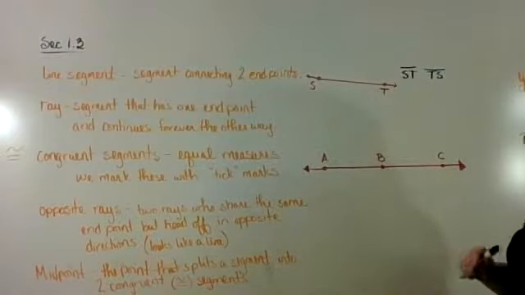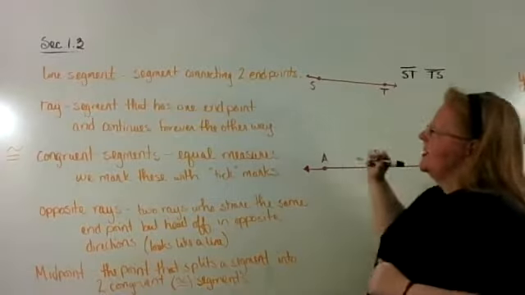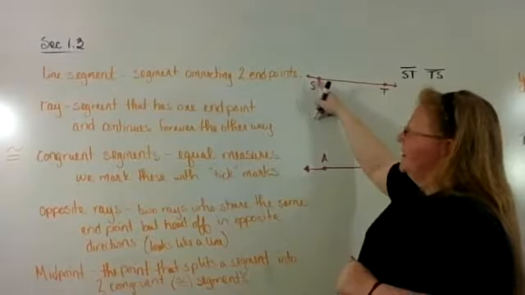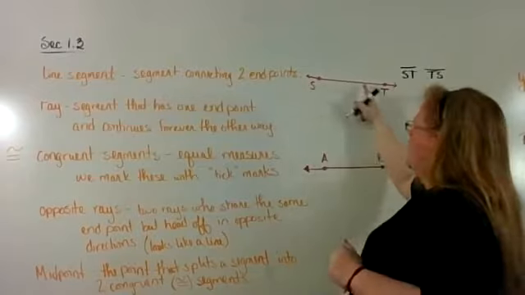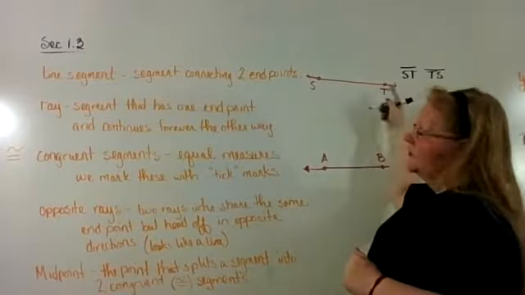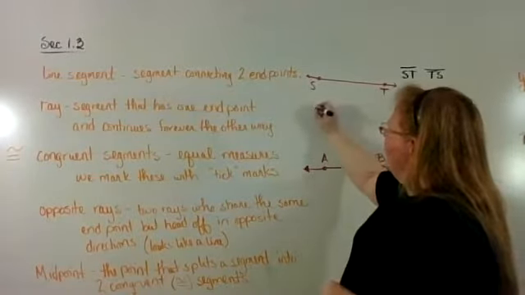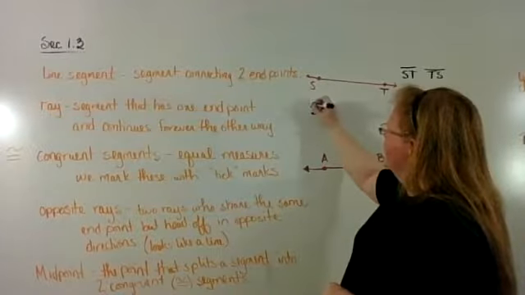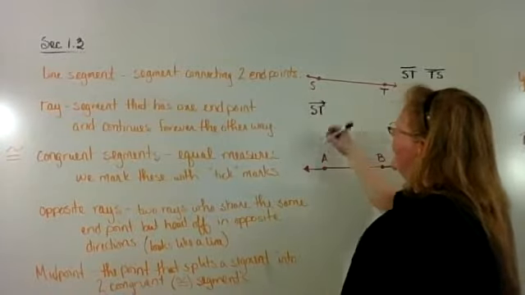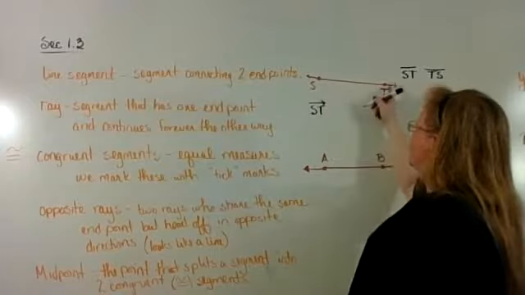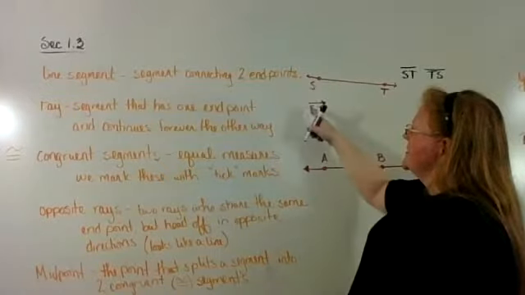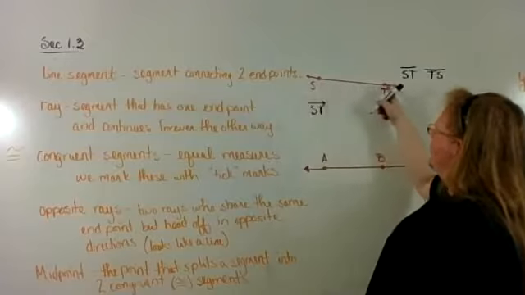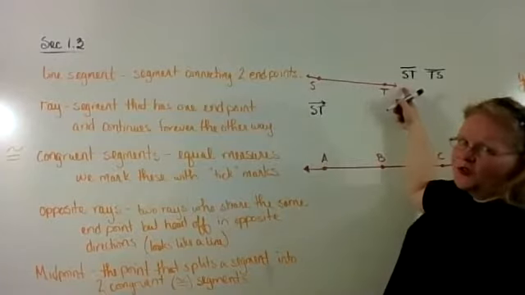A ray, however, is different. A ray is a segment that has an endpoint, like at S, and then continues forever in the other direction. So we could talk about ray ST. I'd have to put the arrow over the T to say that it starts at S because that's the endpoint, and it goes past T and keeps on going.